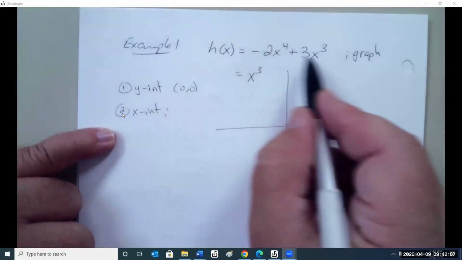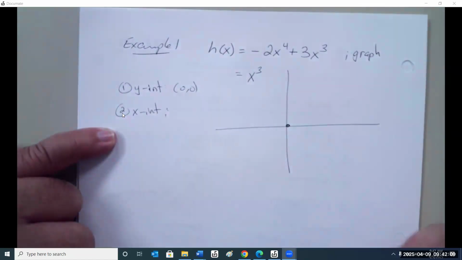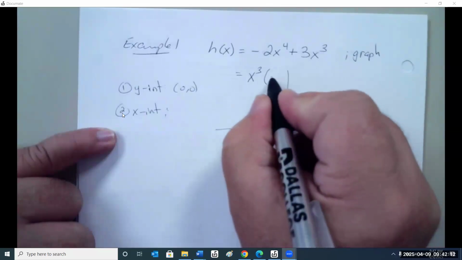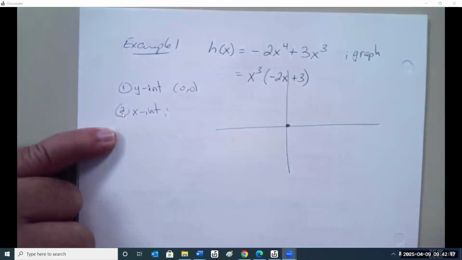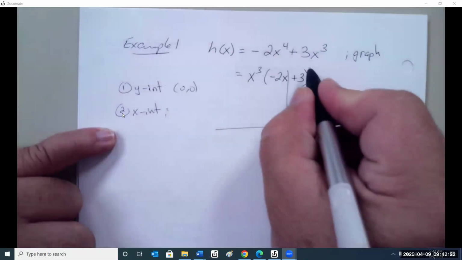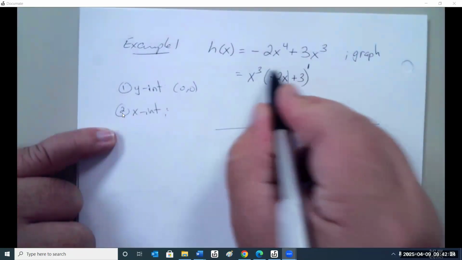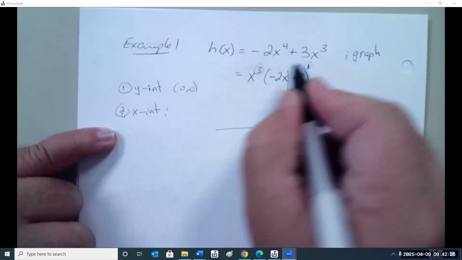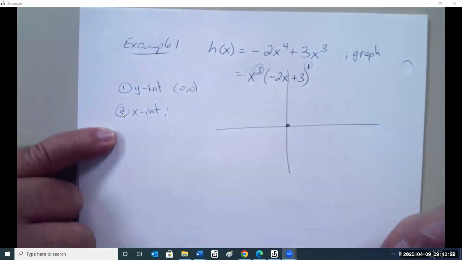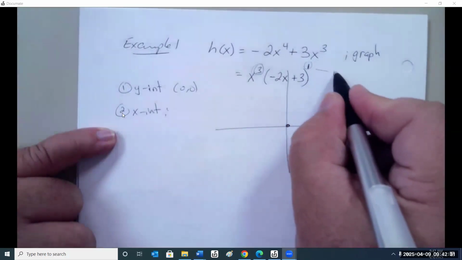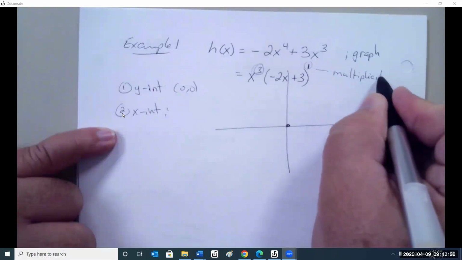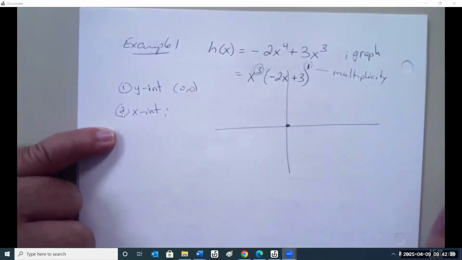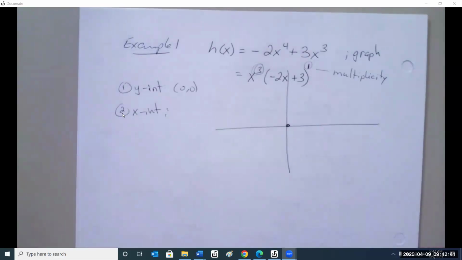Since this one has 4 and this one has 3, we can take out x cubed, which leaves us with negative 2x plus 3. Again, these exponents, what are they called? The multiplicity. I'll show you what they're used for.